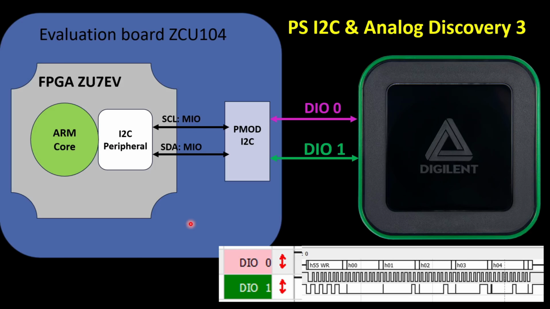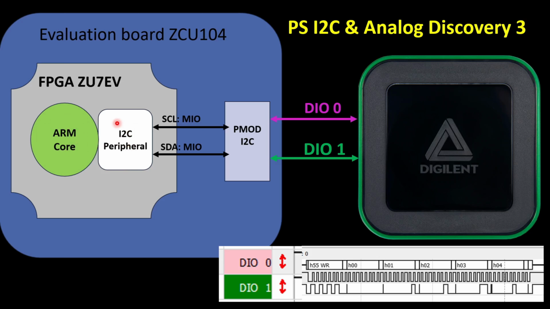How are we going to experience the I2C protocol today? We have a ZCU104 evaluation board, and that's a Zynq UltraScale FPGA. The Zynq UltraScale FPGA or chipset comes with the I2C peripheral. We have a PS I2C that is connected to the ARM core.